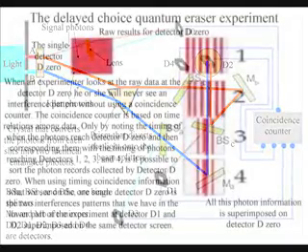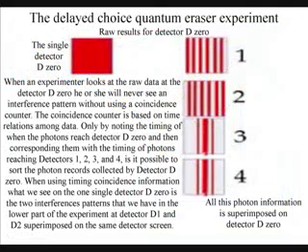When an experimenter looks at the raw data at the detector D0, he or she will never see an interference pattern without using the coincidence counter. Therefore, it is very important to understand how this device works. The coincidence counter is based on time relations among data.